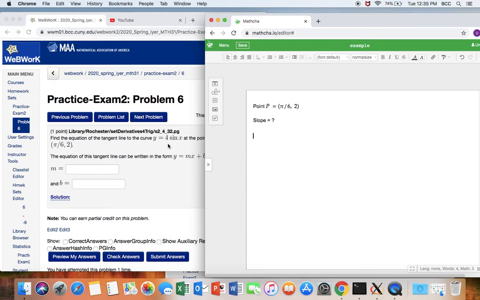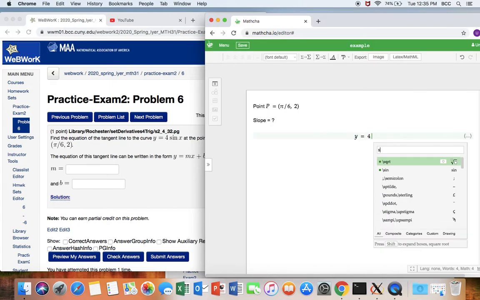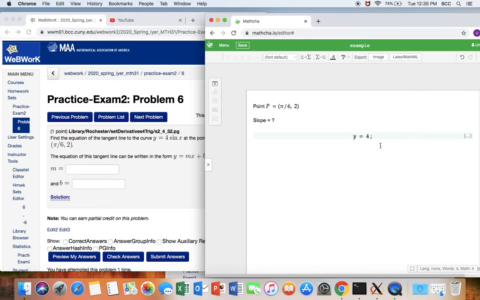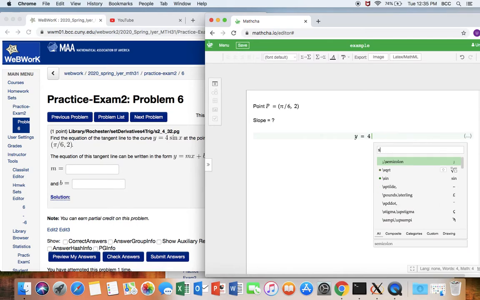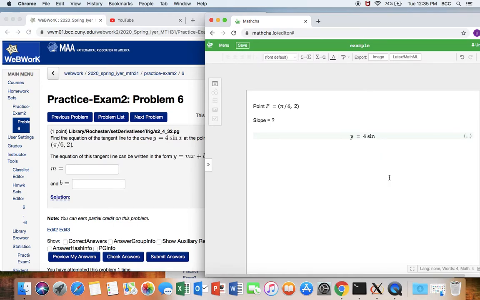So we are given y equals 4 sine of x. Now to find the derivative, you need y prime equals derivative of 4 times sine x.